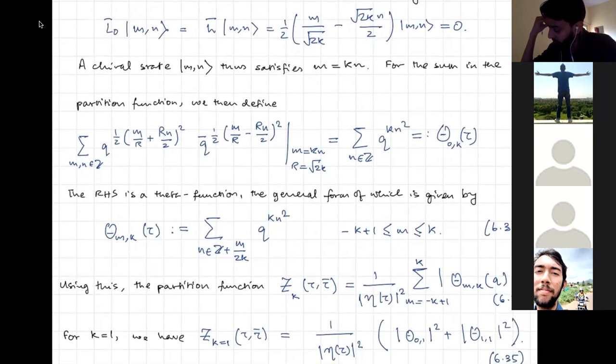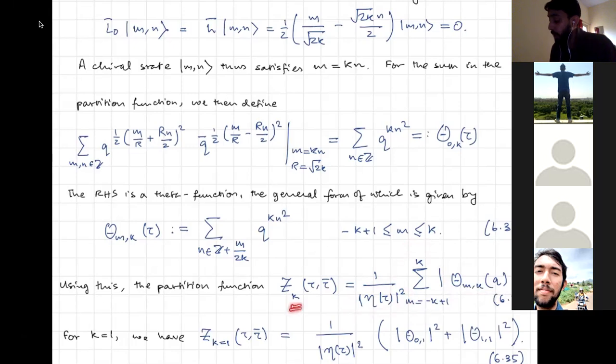This is reasonably straightforward. So the partition function that we wrote down earlier can be written in terms of these theta functions, the mod squared of them. Okay, and this is similar to this. There is going to be an eta, mod eta squared, and these theta functions, and there's going to be a sum here. So that's when you're doing it for all k.